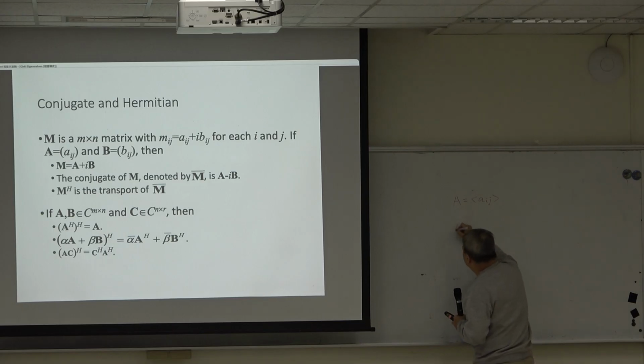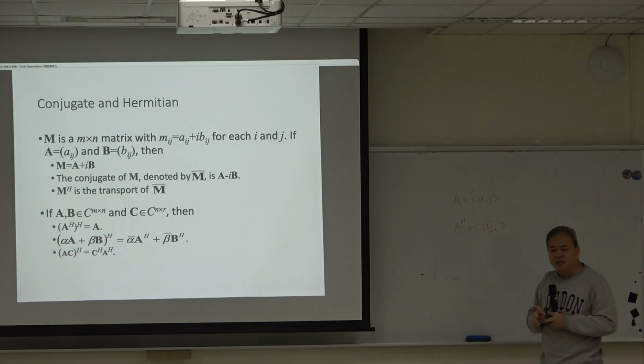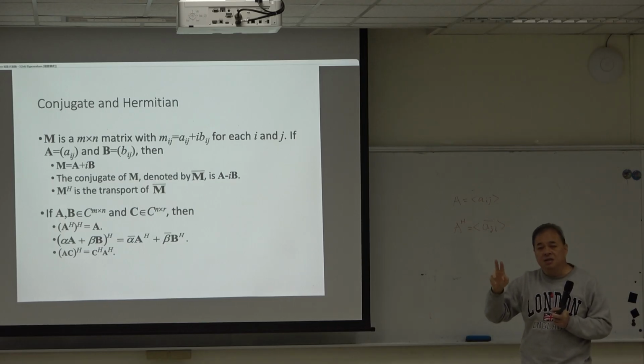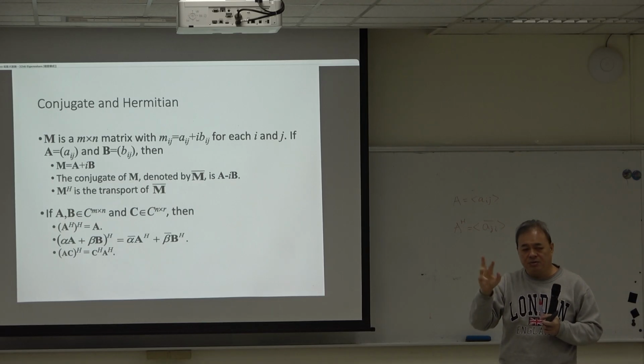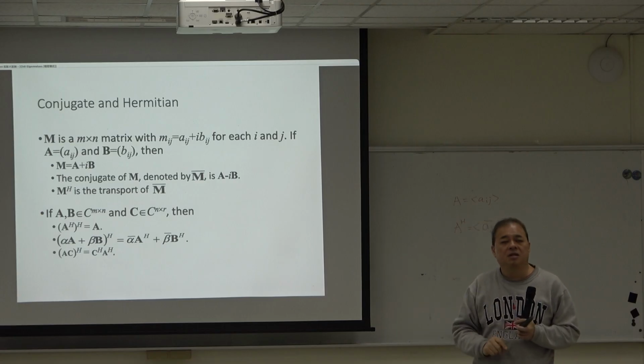It's going to be the a_ji conjugate, because it's a transpose, so i and j get exchanged.